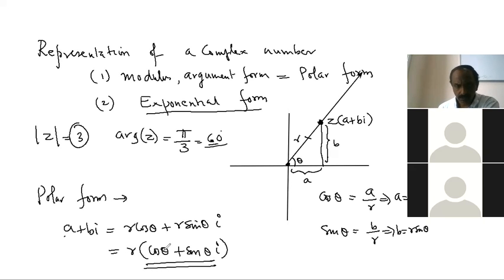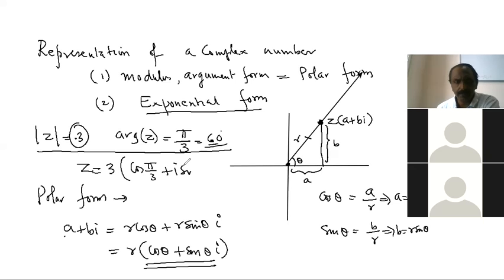R is a modulus, theta is the argument. So what is the polar form of this complex number? The polar form of this complex number will be 3 (cos pi by 3 plus I sin pi by 3). It is not necessary that you should write the angle in radian itself. You can write the angle in degree also, no problem. That is up to you.